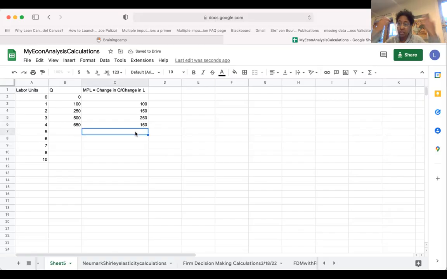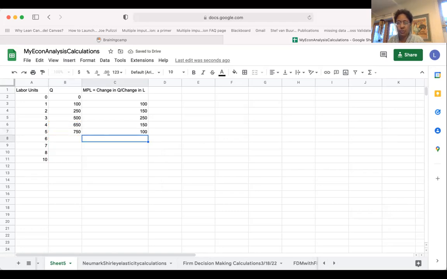What does continued diminishing returns mean? It means that whoever the next person is that I hire, the next unit of labor, is not going to add as much as before. I'm going to put that back as 100. So if I had 650 before, and the next worker I hire adds 100, we get to 750.